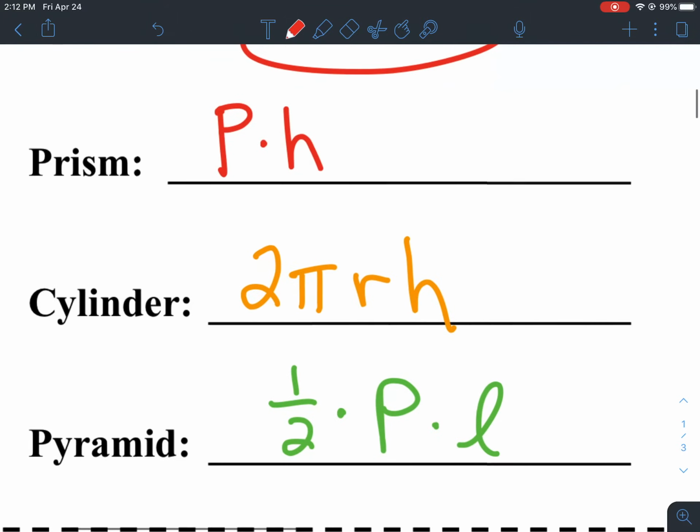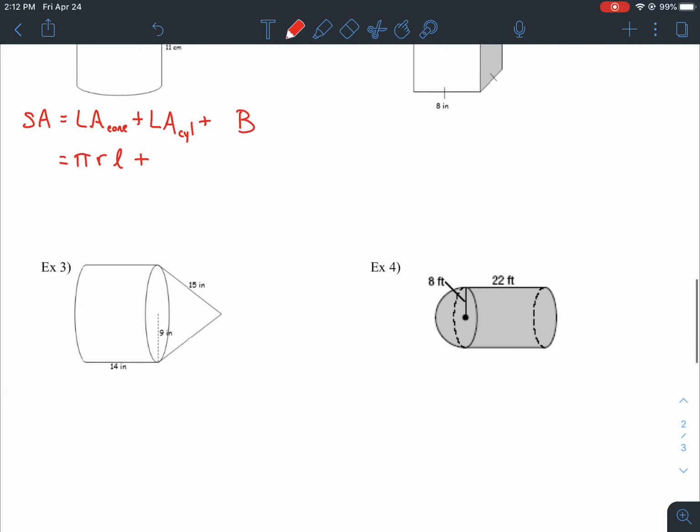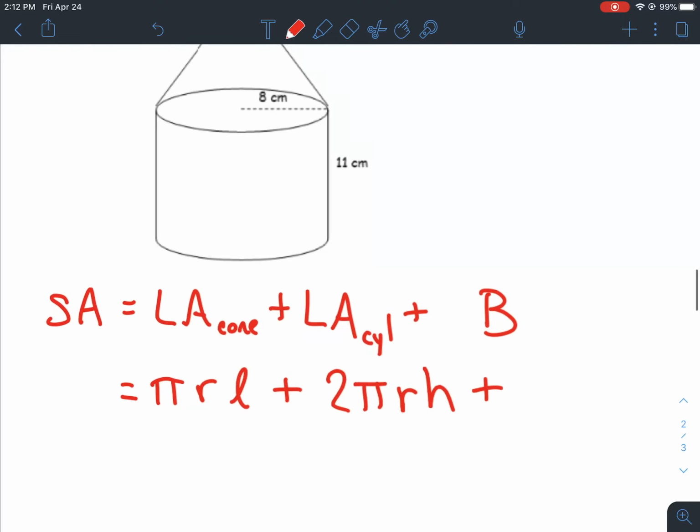So back up to the notes. Cylinder, 2 pi RH. So underneath LA cylinder, I'm going to put 2 pi RH plus B. Remember that capital B is the area of the base. In this case, the base is a circle. So the area of a circle is pi r squared.